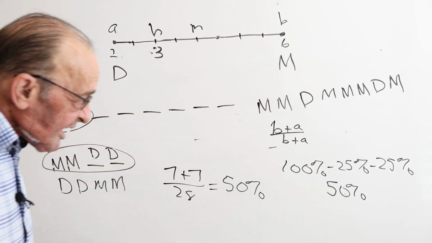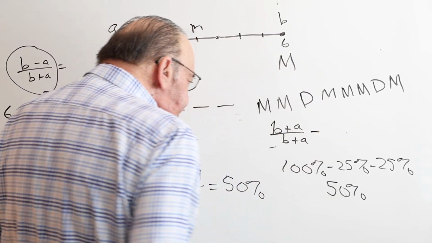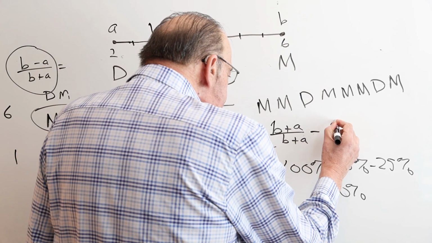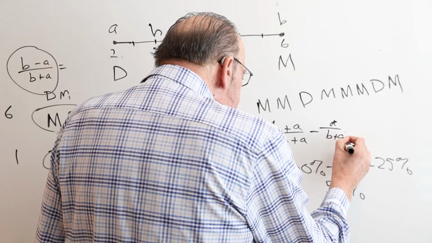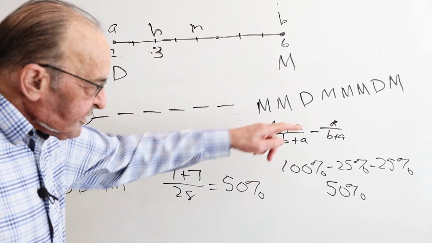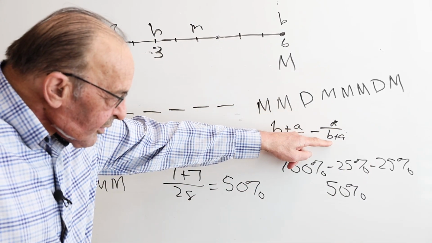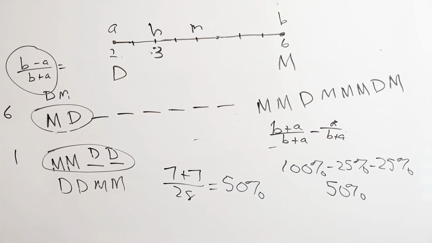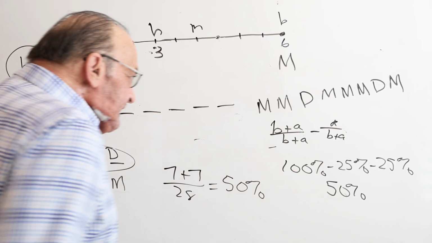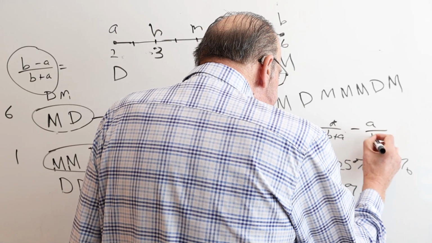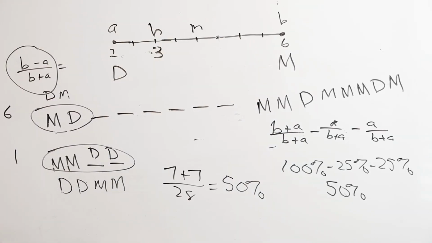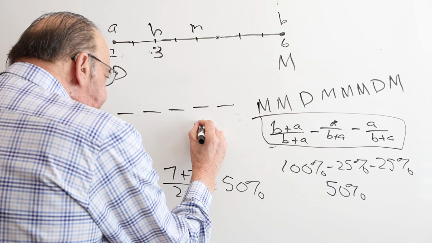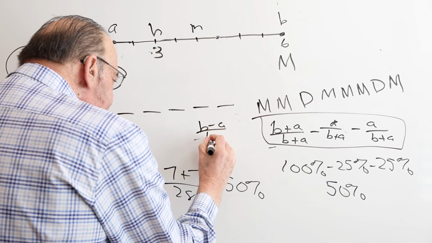So this, now if we subtract 25%, we're subtracting A over B plus A. We're subtracting Diba's 2 over Diba and Mark, which is 8. So subtracting 1/4. And then we're doing it again. But if you just look at this, it's equal to B minus A over B plus A.